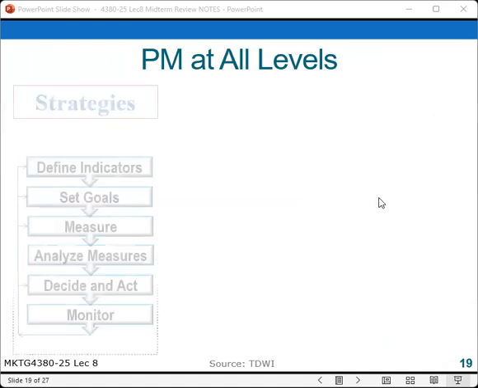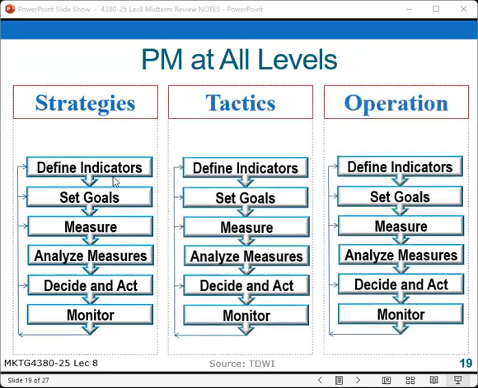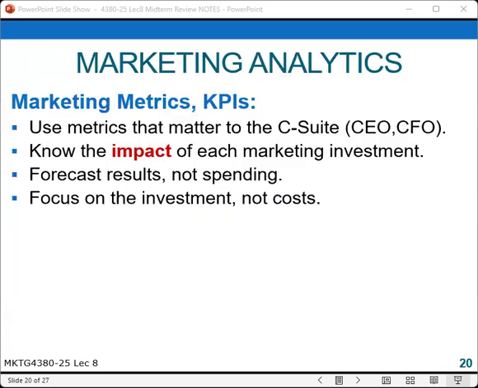And so remember, performance management occurs at all levels. And of course, they all need to align with each other, ultimately aligning with the overall strategic goals of the organization. So they all follow the same process, just with a different focus in each stage.